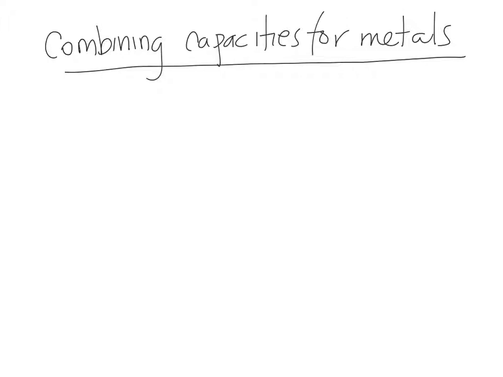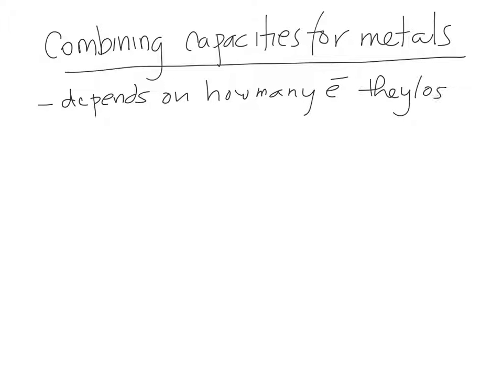Combining capacities for metals depends on how many electrons they lose. They don't form the same types of bonds as our nonmetals, and you're going to be representing them differently.